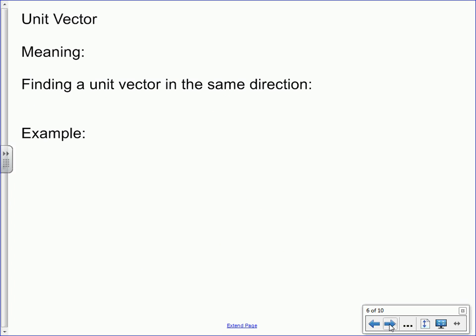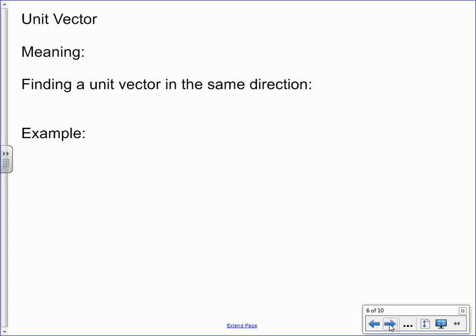Next, a unit vector. What's a unit vector? Those i's and j's are unit vectors because they have what? A magnitude of 1.